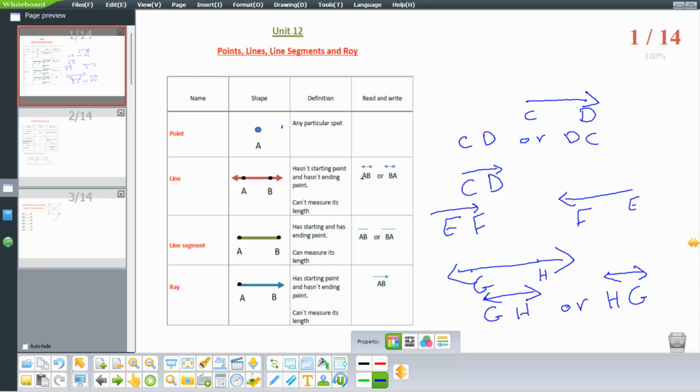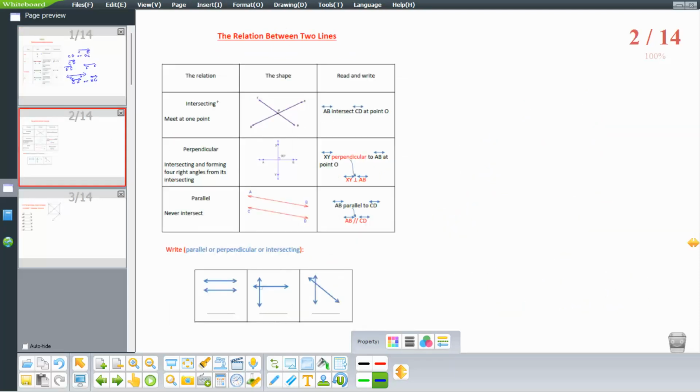Okay, let's see the second one: the relation between two lines. When two lines meet at one point, we call them intersecting, and this point is the point of intersection.